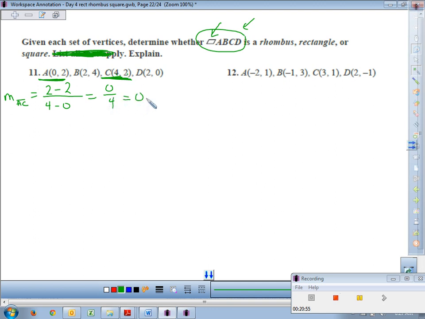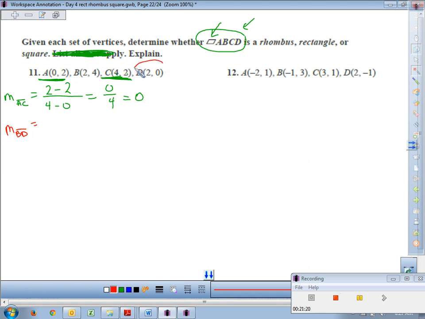Don't freak out. Just because the slope is 0 doesn't mean that that's a bad deal. A 0 slope is a horizontal segment, right? If the slope of the other diagonal was undefined, a vertical segment, then those guys are what we call opposite reciprocals. So let's find the slope of segment BD.